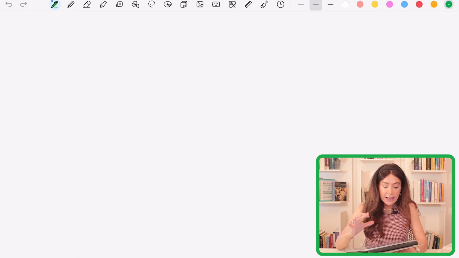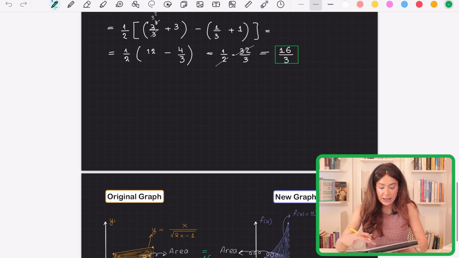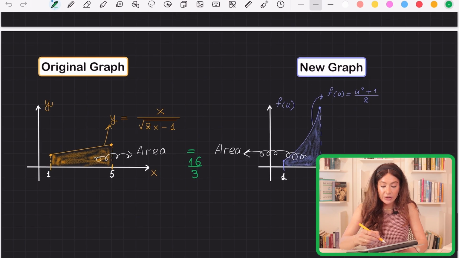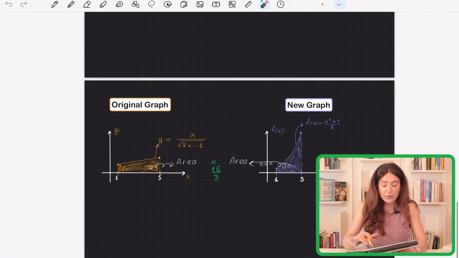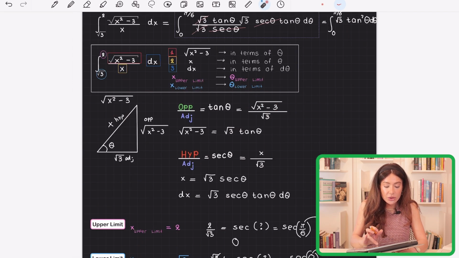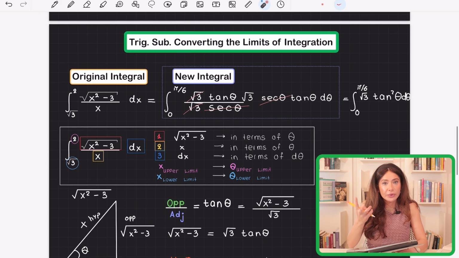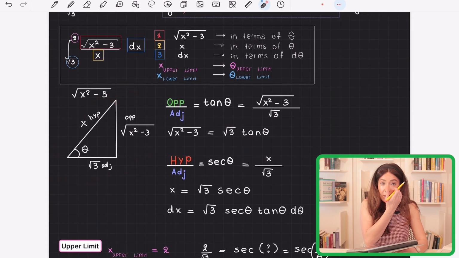So the reason why this is super useful is because you're effectively calculating an easier integral, same area, but this is easier to integrate. So this is the reason why you moved initially from this integral to this integral. In trig substitution, you do the exact same thing, but the jump from the dx integral to the d theta integral involves using the triangle.